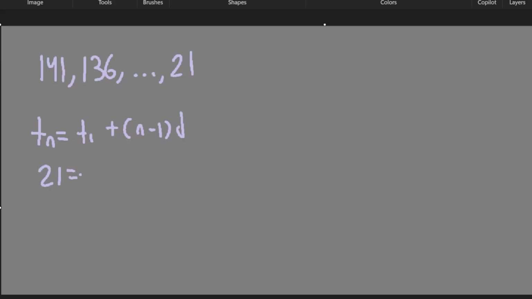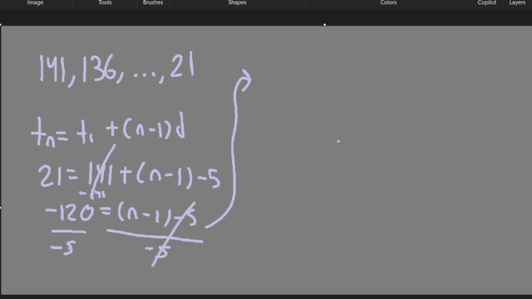21 is equal to 141 plus n minus 1, times the common difference, negative 5. So let's do 21 minus 141. You'll get negative 120 is equal to n minus 1 times negative 5. Divide both sides by negative 5.